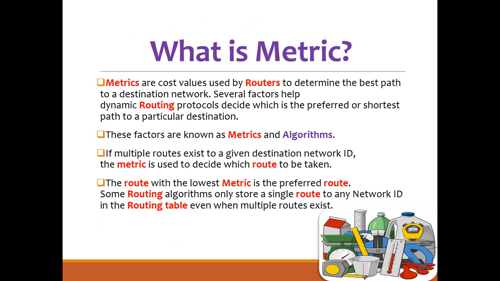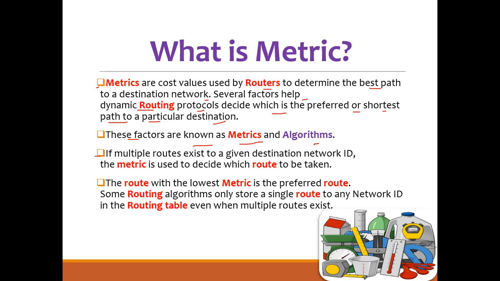I have already explained this to you, right? So what is a metric? Metrics are cost values used by routers to determine the best path to a destination network. Several factors help the routing protocol decide which is the preferred and shortest path to a particular destination. These factors are known as metrics and algorithms to determine the best path.